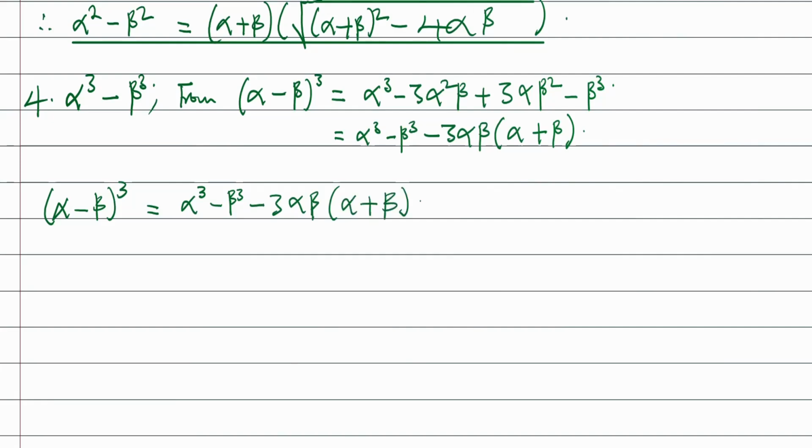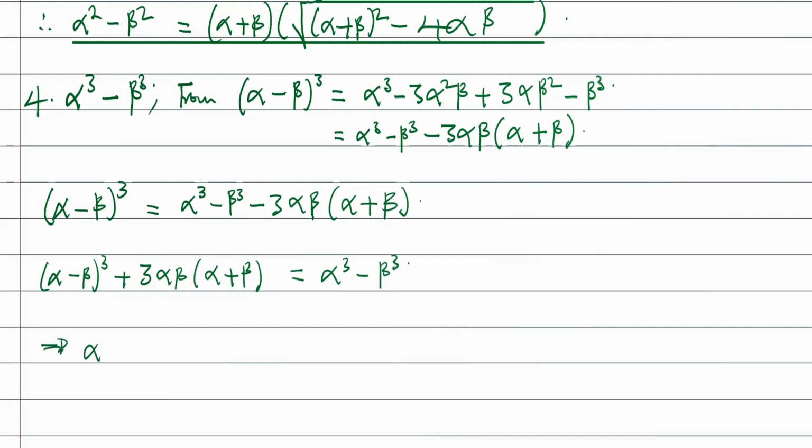We can now take this on this side. Let's move this to the left hand side. That means we are going to have alpha minus beta, the whole of it cubed, plus, because the negative when it crosses the equal sign becomes positive, 3 alpha beta into alpha plus beta equals alpha cubed minus beta cubed.